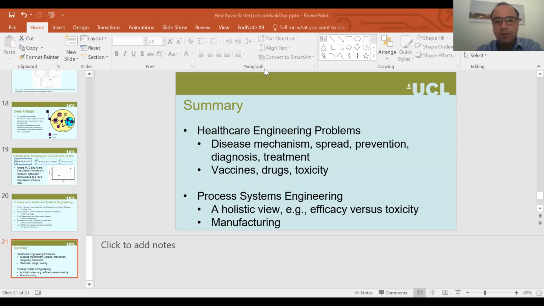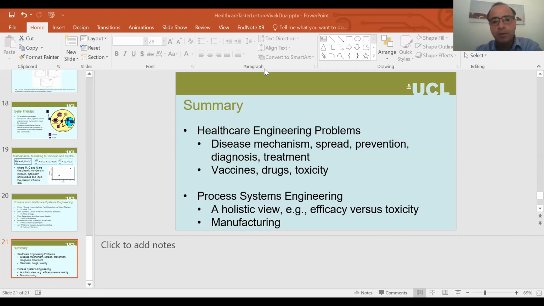Are there any other questions? Okay, I have one more question. How effective is AI in detecting faults in healthcare engineering problems? It is quite effective, and it's used quite a lot.